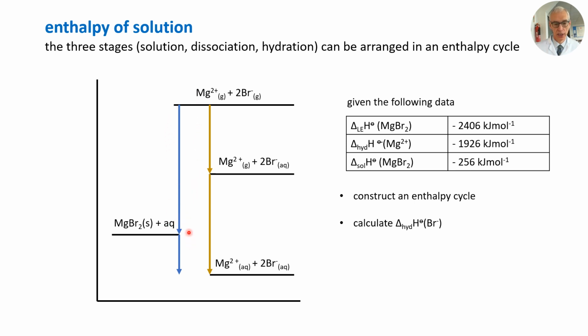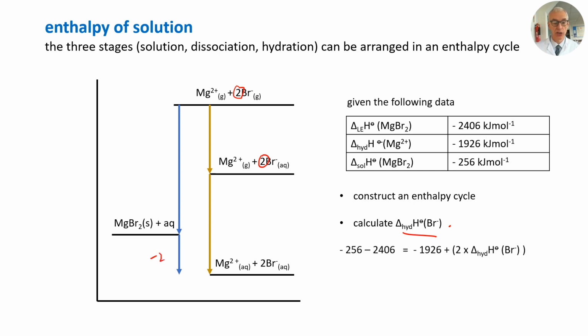I've got the arrow in the direction that matches the definition. You'll notice that we've got 2 bromide ions. So, and this of course will need to be taken into account here, because this value will be for 1 mole of bromide ions.